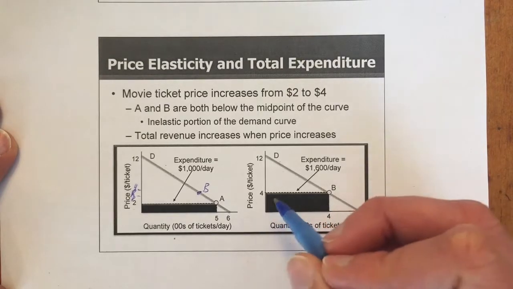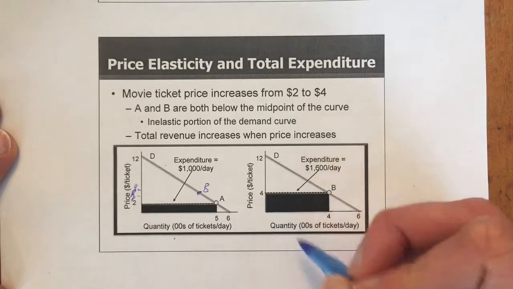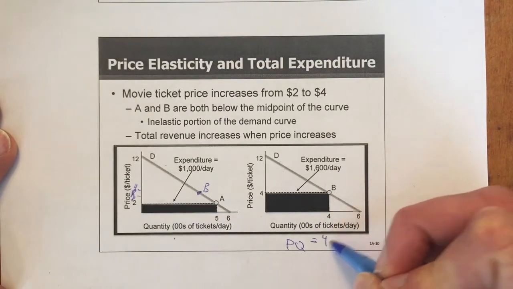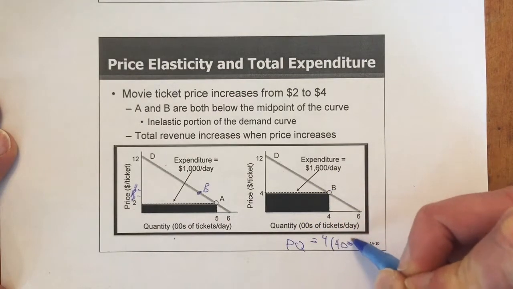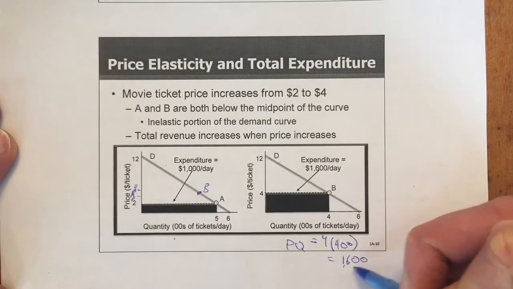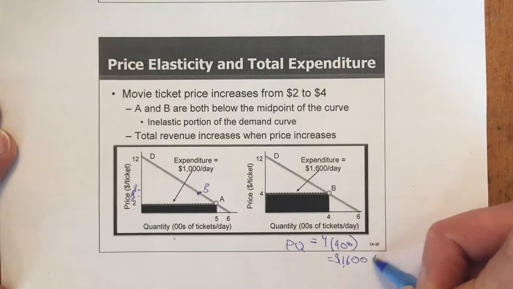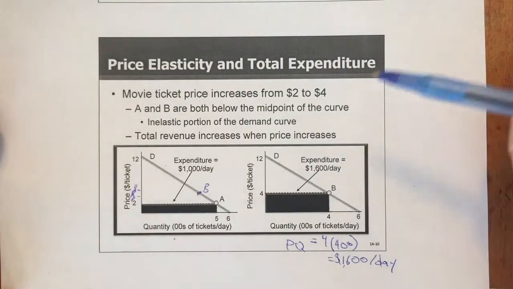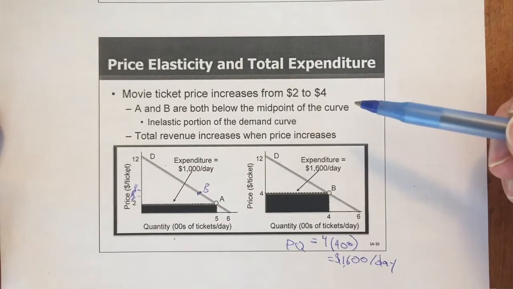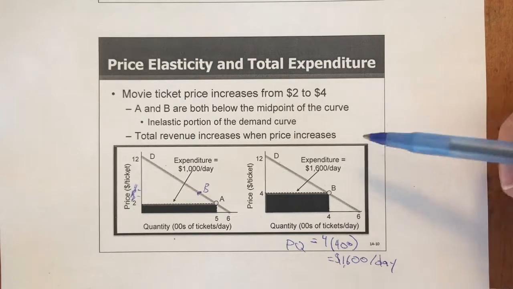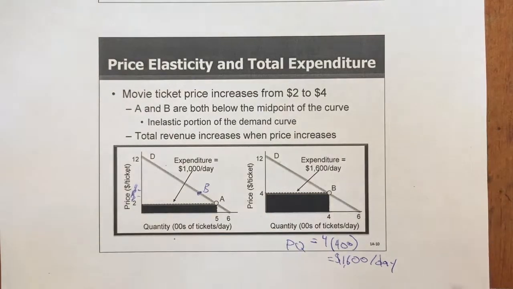And the new total expenditure is, again, price times quantity, which is 4 times 400, equal to $1,600 per day as the new total expenditure. So in this case, an increase in movie prices leads to an increase in total expenditure. However, let's look at another example.